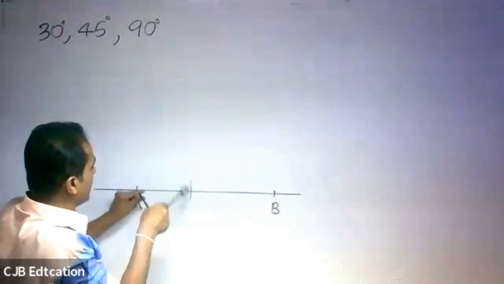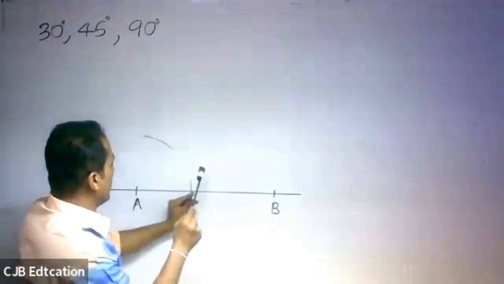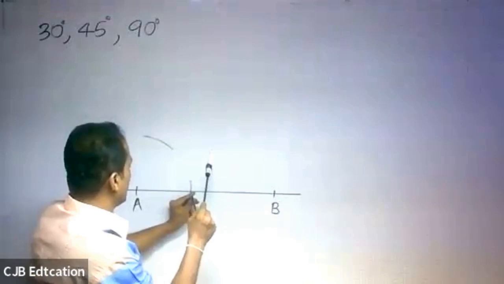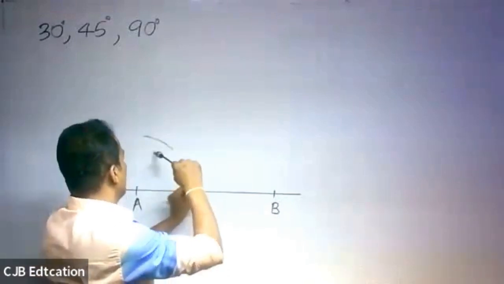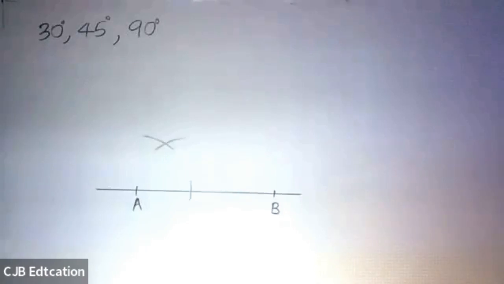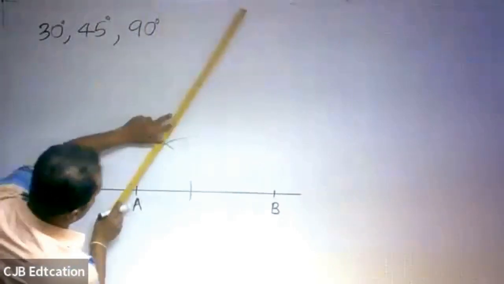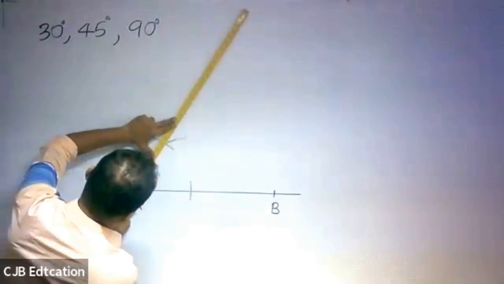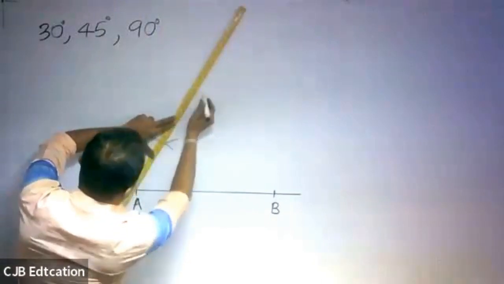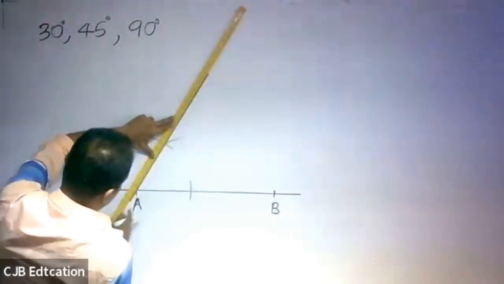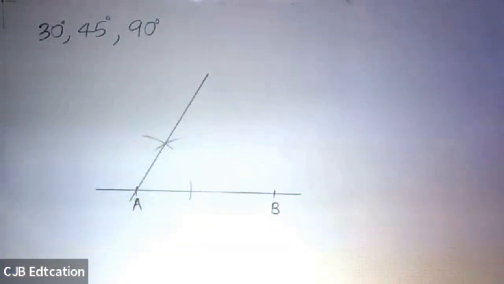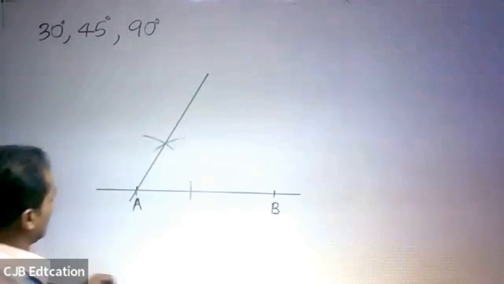We know we can construct the 60 degree angle in this way according to the previous construction. Construct that 60 degree angle. Now we can bisect it, right?